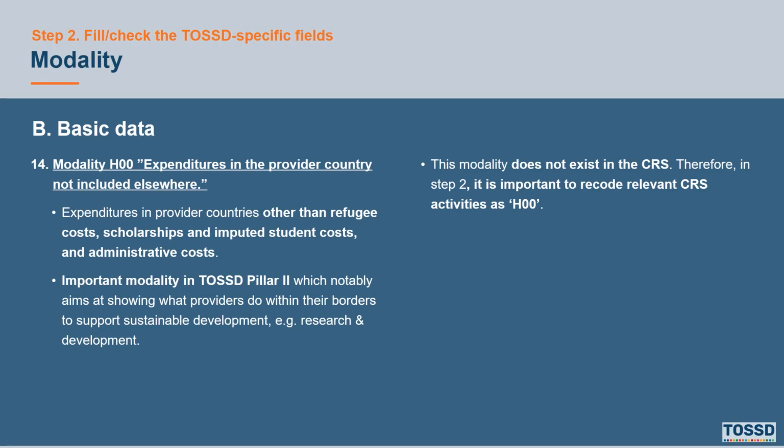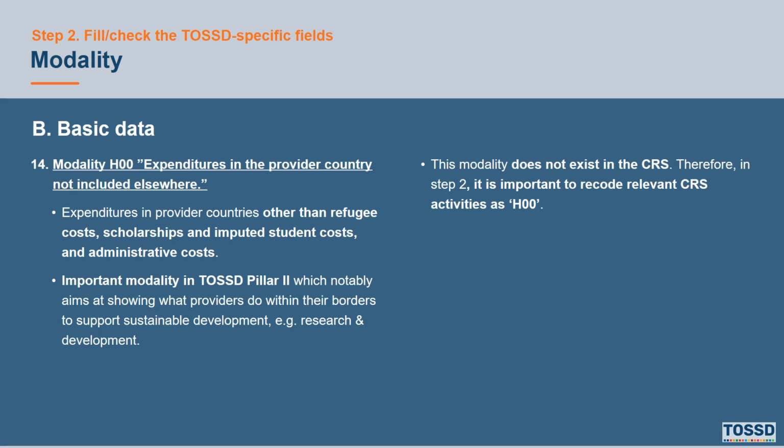Modality H00 now captures expenditures in the provider country not included elsewhere. This includes expenditures in provider countries other than refugee costs, scholarships, imputed student costs, and administrative costs.